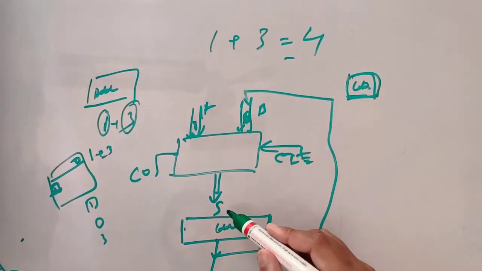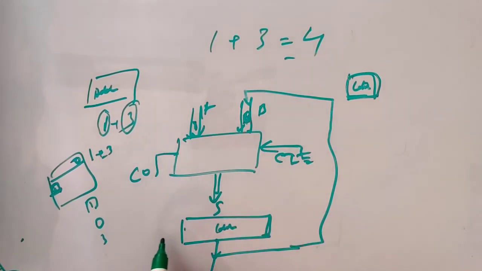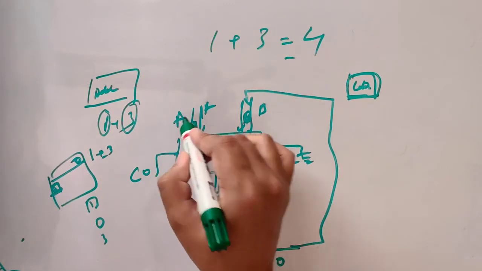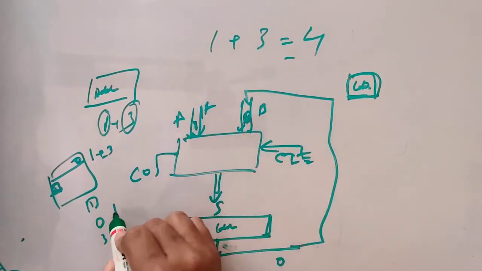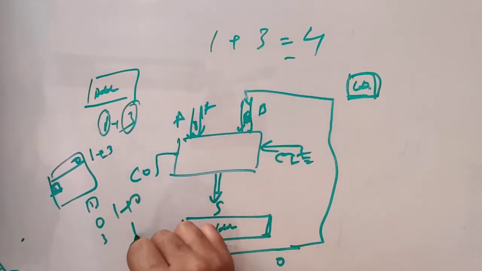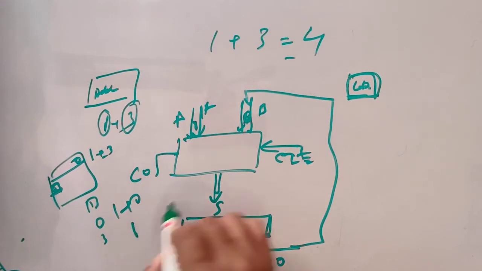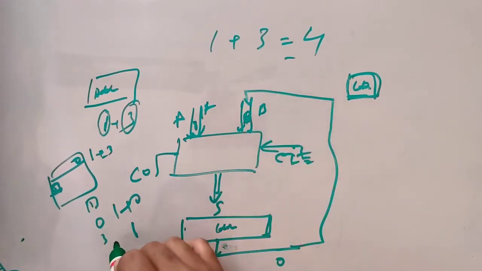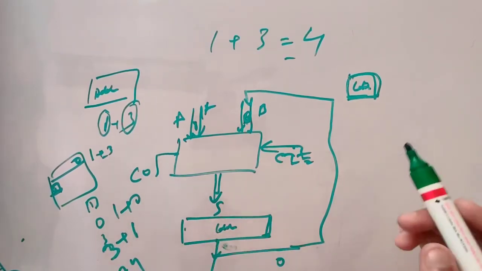And if we can somehow make the first input 0, then whatever we add in A, that would be 1 plus 0 equals 1, and then 1 will be stored here in the latch, and then when we press 3 it is 3 plus 1 equals 4. It will work like this.